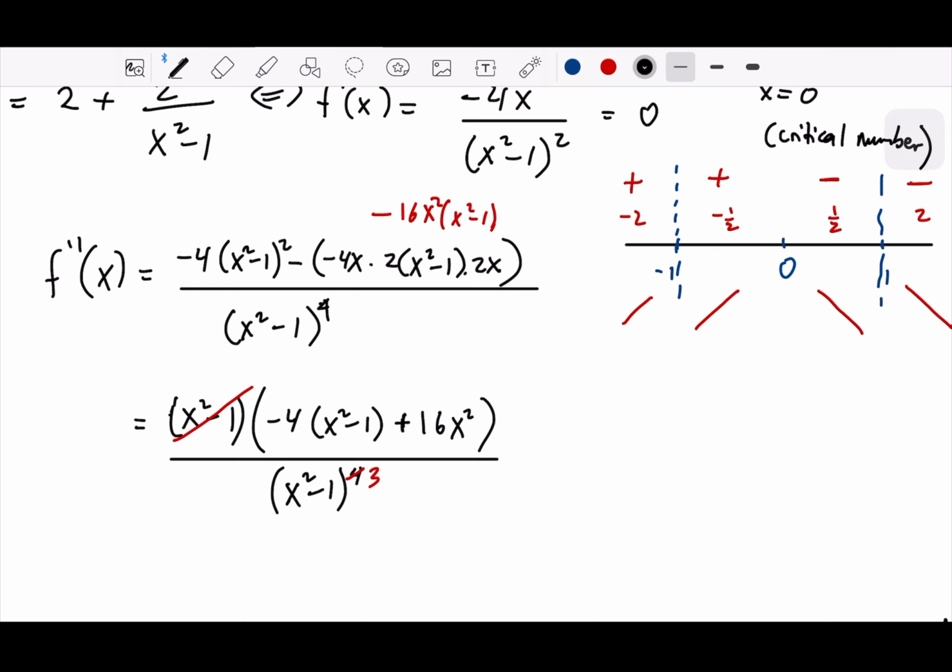Yeah, minus become plus. Okay. Now this becomes negative 4x squared plus 16 is 12x squared plus 4. Okay.